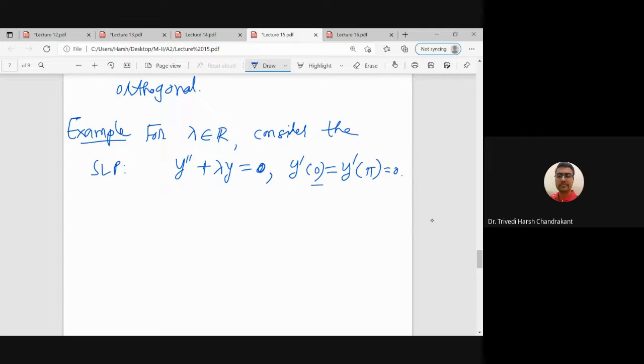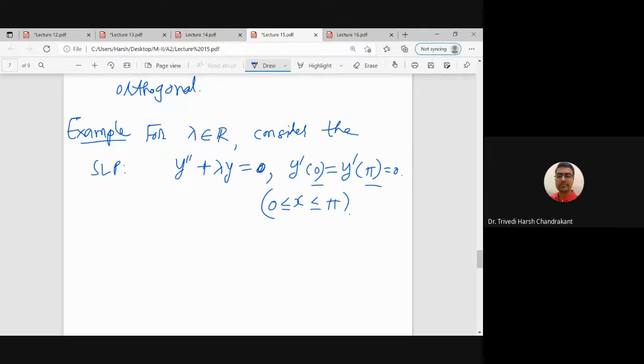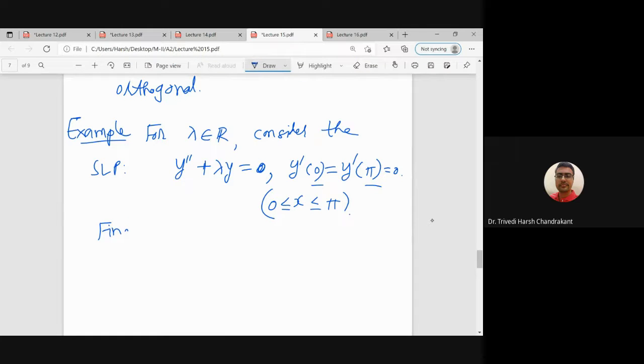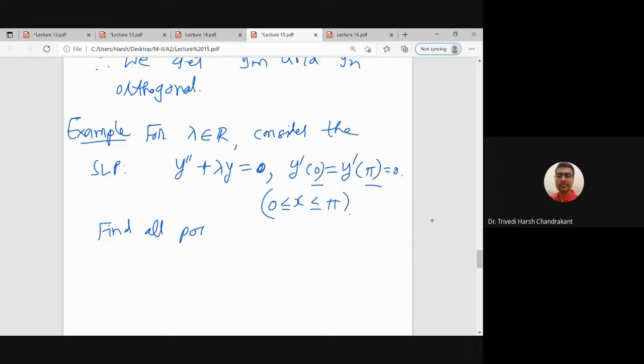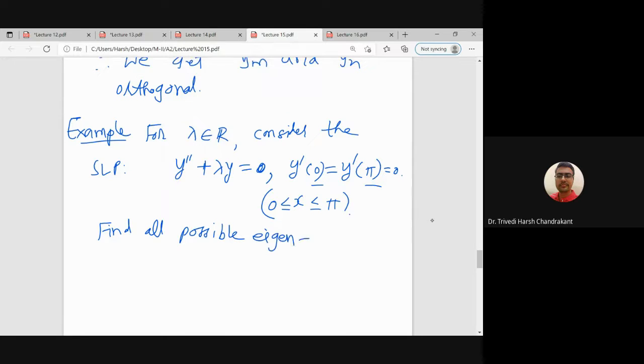So basically these are endpoints. So that means we are taking the value of x between 0 and pi here. Yeah, so what is the question? Question is find all possible eigenfunctions.